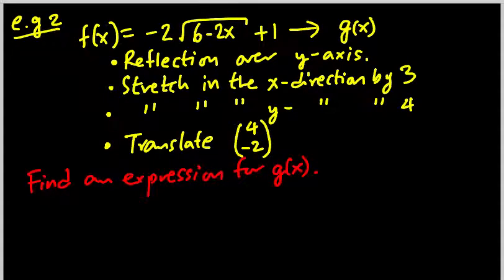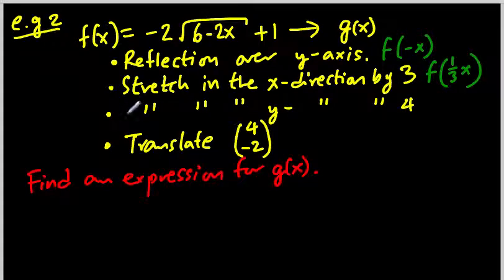So before I start, remember the important thing is that we need to define the stretch in terms of f. So anyways, first let's start with the reflection. The reflection over the y-axis affects the x's, so it's going to be f of negative x. The stretch in the x direction is going to be f of 1/3 of x, right?